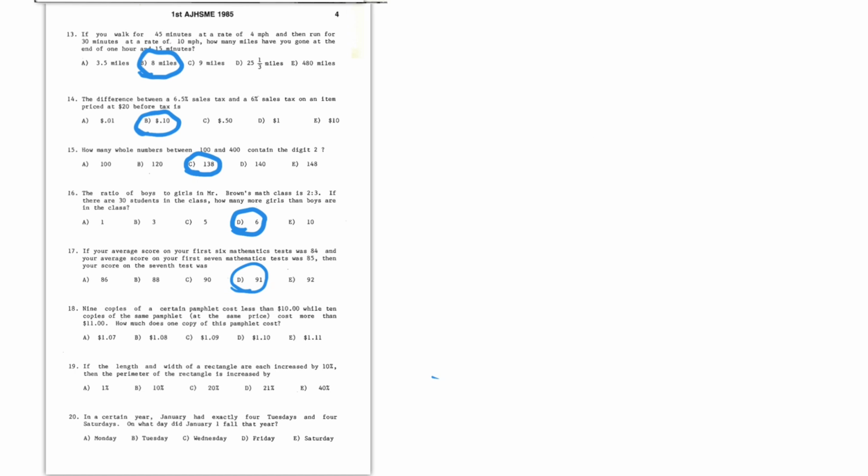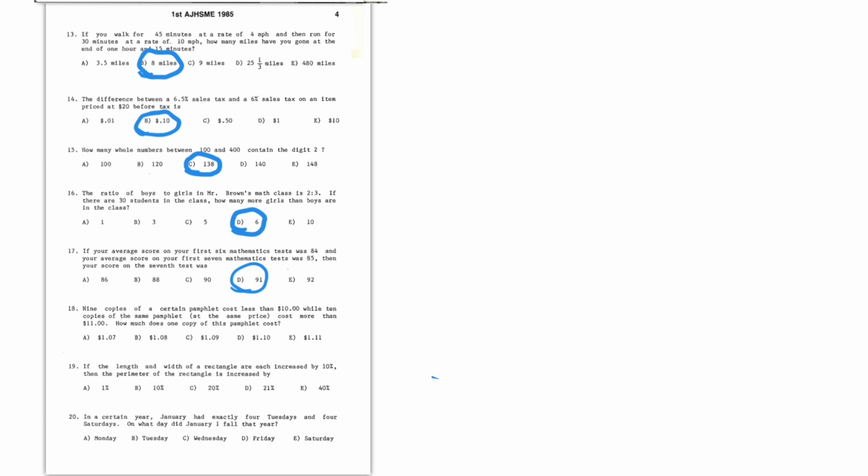9 copies of a certain pamphlet cost less than $10, while 10 copies of the same pamphlet at the same price cost more than $11. How much does a copy of this pamphlet cost? Let the price of one pamphlet be x.